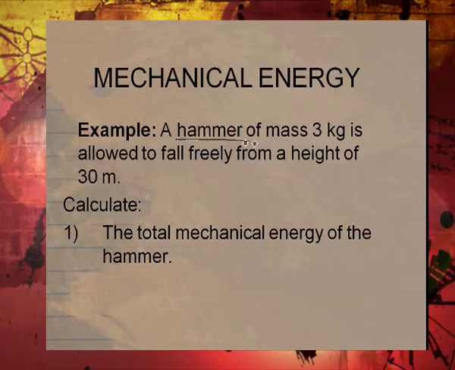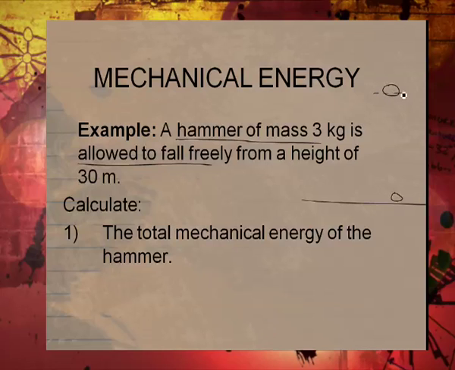A hammer of mass 3 kilograms is allowed to fall freely from a height of 30 meters. Calculate the total mechanical energy of the hammer. If this represents the hammer, it's falling until it hits the ground.